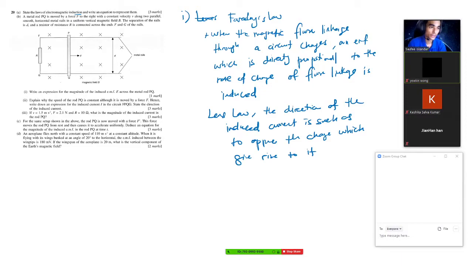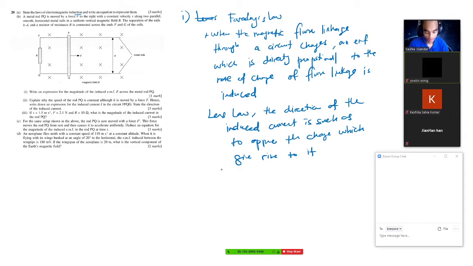Lenz's law says it's the direction. When we put in a magnetic bar, one end of the solenoid will be north or south, depending on the side of the magnetic bar that enters the solenoid. So that will be Faraday's law and Lenz's law.